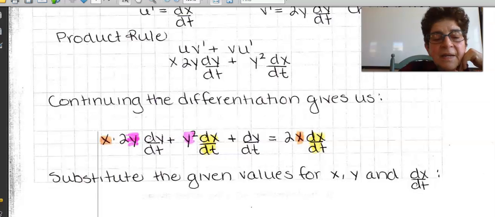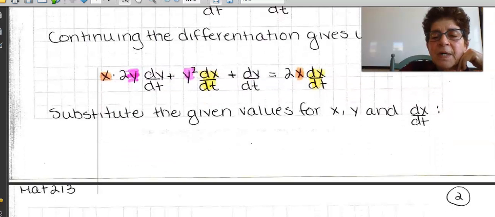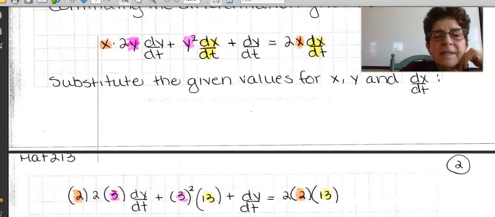Then I'm going to take the given values that I got for x, y, and dx/dt and plug them in to this expression. So 2 goes in for x, you can see that's the red highlighted values. The y is the purple highlighted values, and the yellow highlighted values are dx/dt.